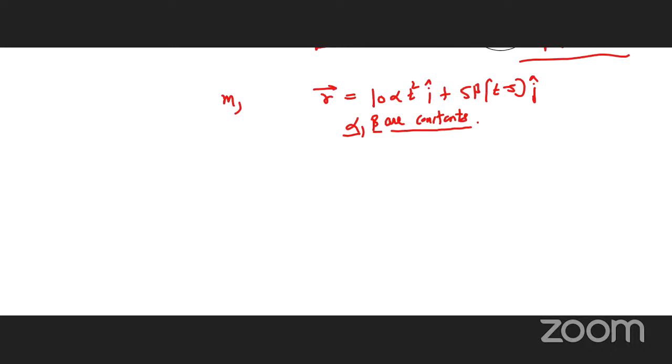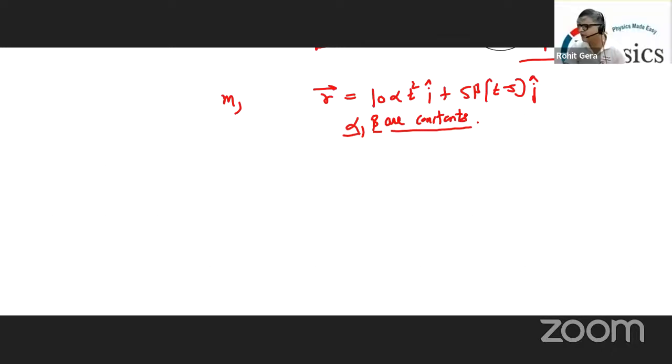The question is to find: the angular momentum of the particle is the same as it was for t equal to 0 at time t equal to how many seconds? This is what you need to find out.